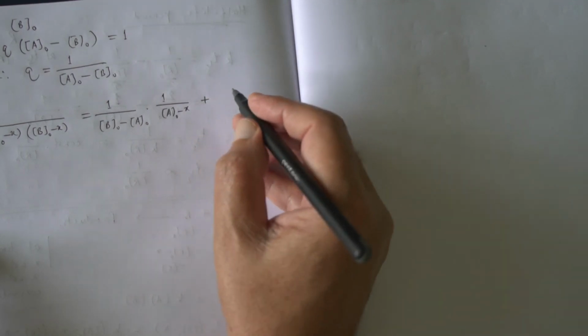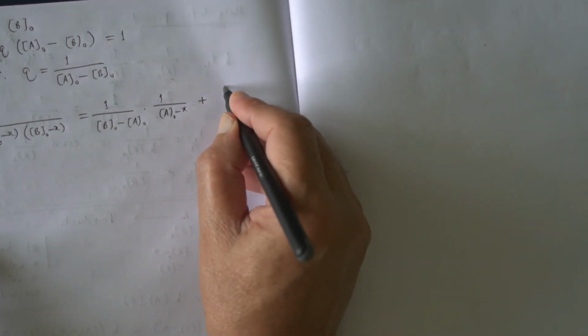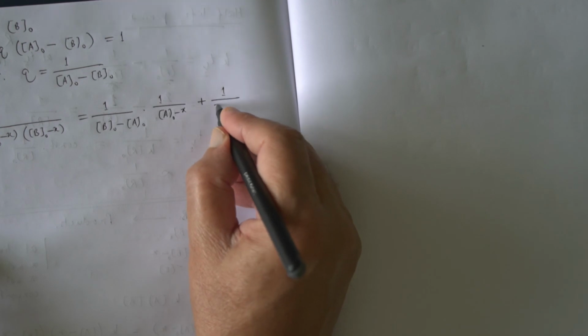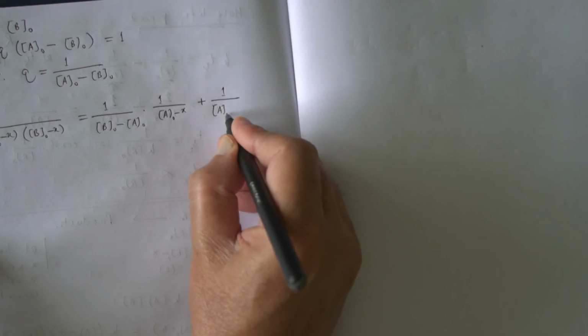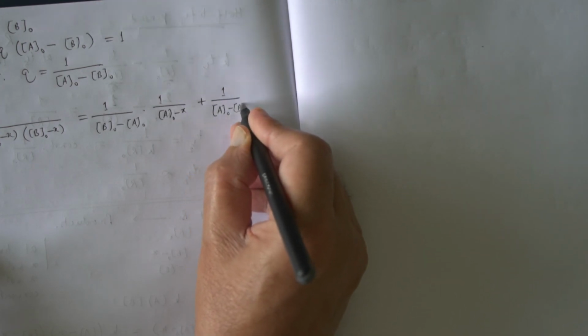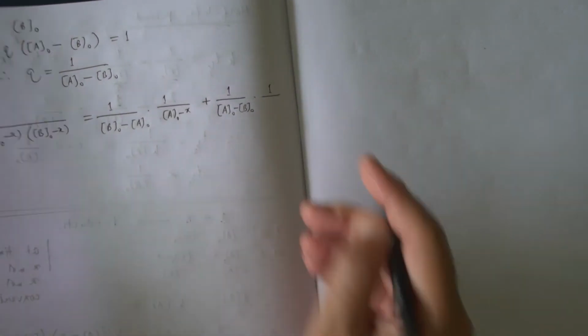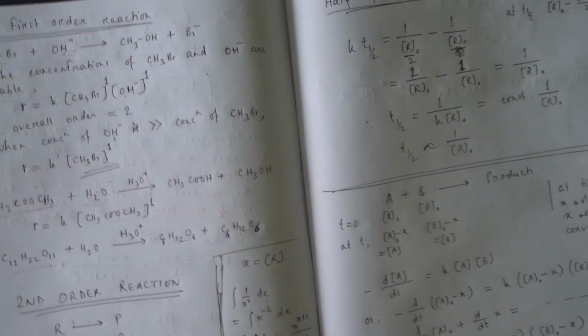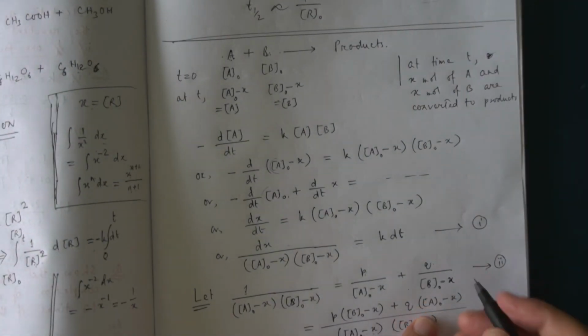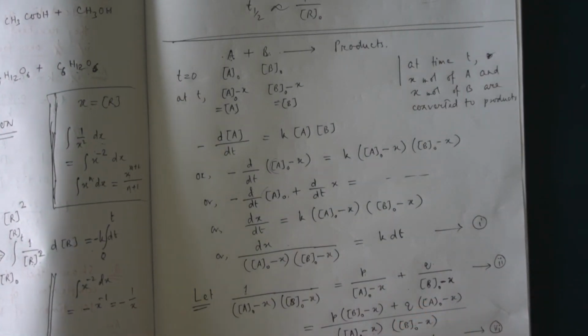Similarly, what is the value of Q? 1 by (A naught minus B naught) into 1 by (B naught minus x).